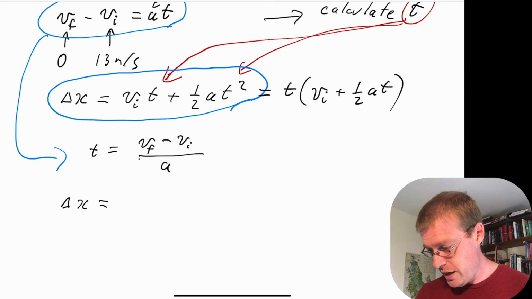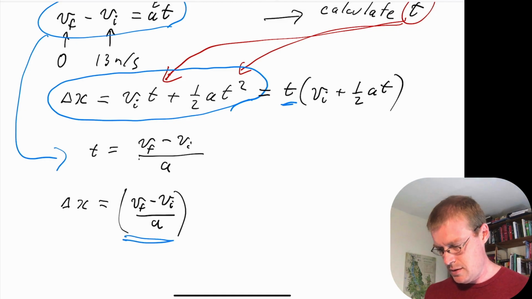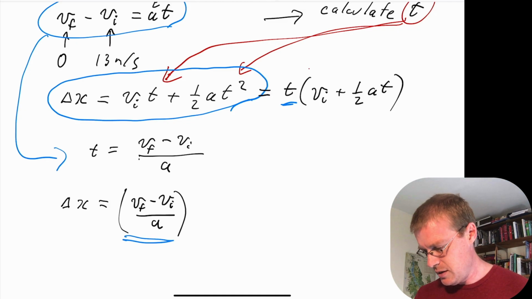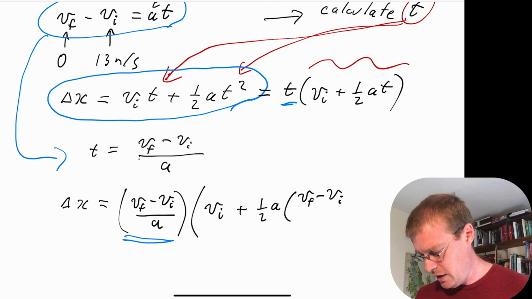So I first have this time, which gives me a Vf minus Vi over A. Right, so that does this piece. Okay, and then I have this piece. And that piece is Vi plus 1/2 A times Vf minus Vi over A.